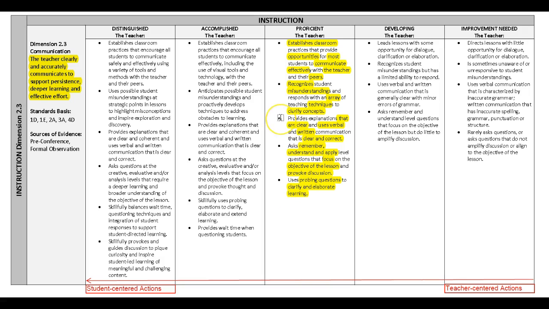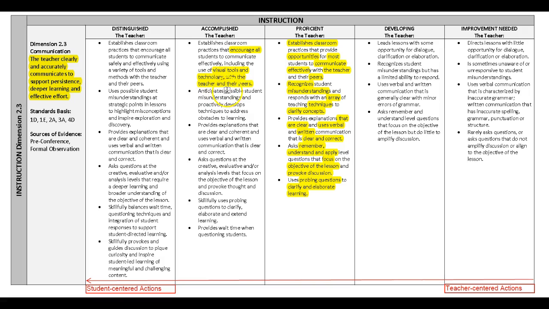Next, we're going to move over to the left, which is the accomplished teacher. And many of these descriptors have some of the same language, so I'm going to only highlight where I see differences. So the accomplished teacher, this teacher establishes classroom practices as well that encourage all students to communicate effectively, including the use of visual tools and technology with the teacher and their peers.